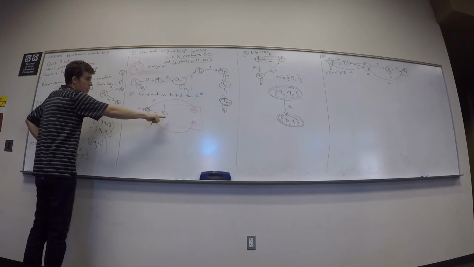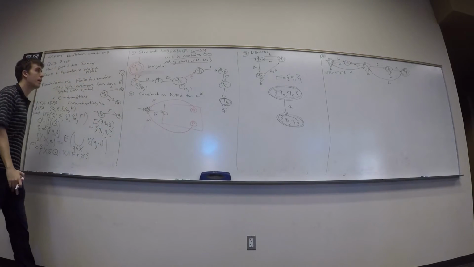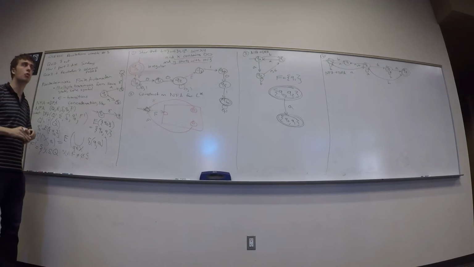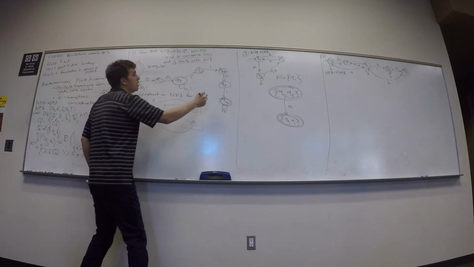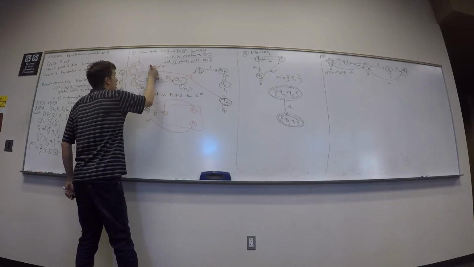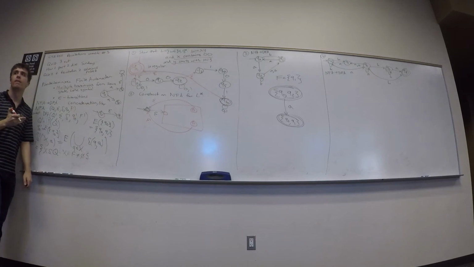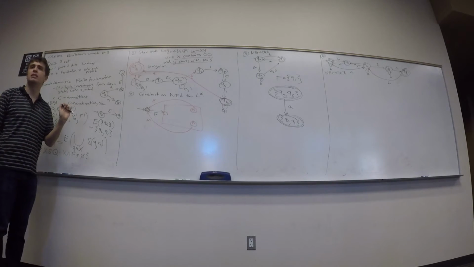And I think I need to make an epsilon transition to the old start state. And what else? What else do I do? Epsilon Q6. Yeah, epsilon from Q6 back to QS. And that's it. Very, very simple transformation. Any questions on this?